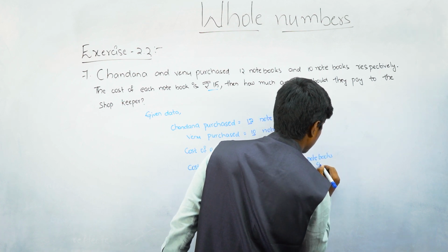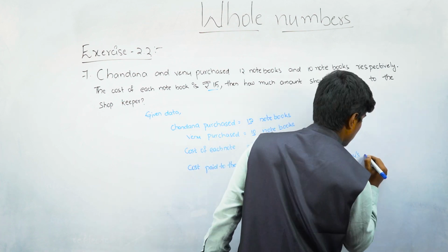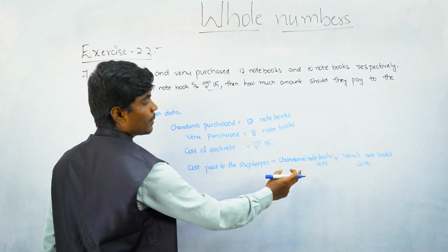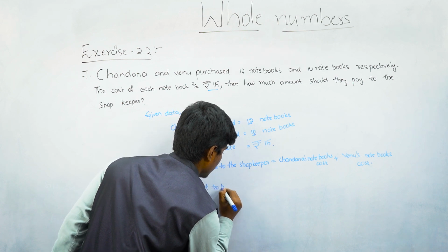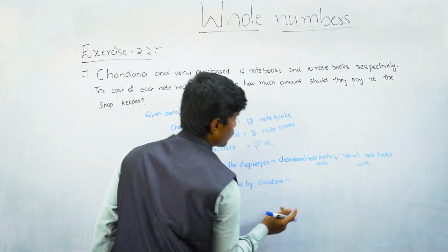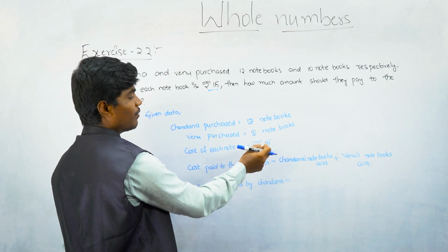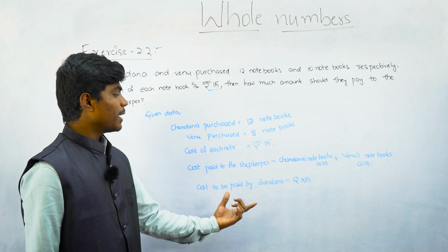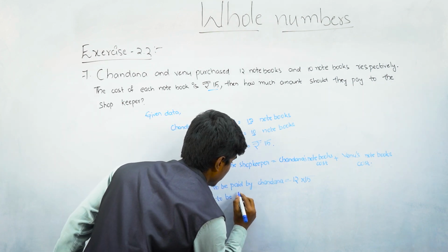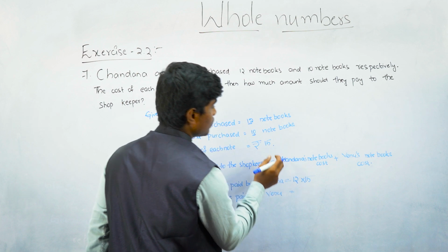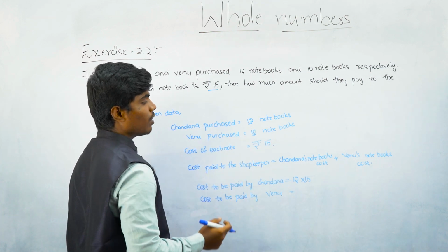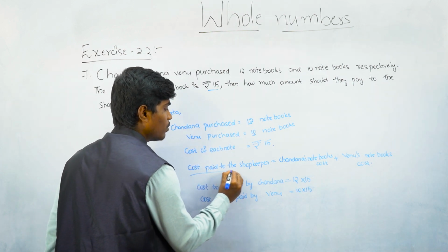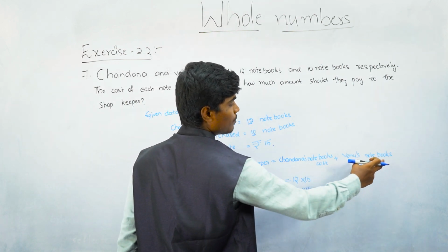The cost to be paid by Chandana is 12 into 15, as she bought 12 notebooks at 15 rupees each. The cost to be paid by Venu is 10 into 15, as he bought 10 notebooks at 15 rupees each.